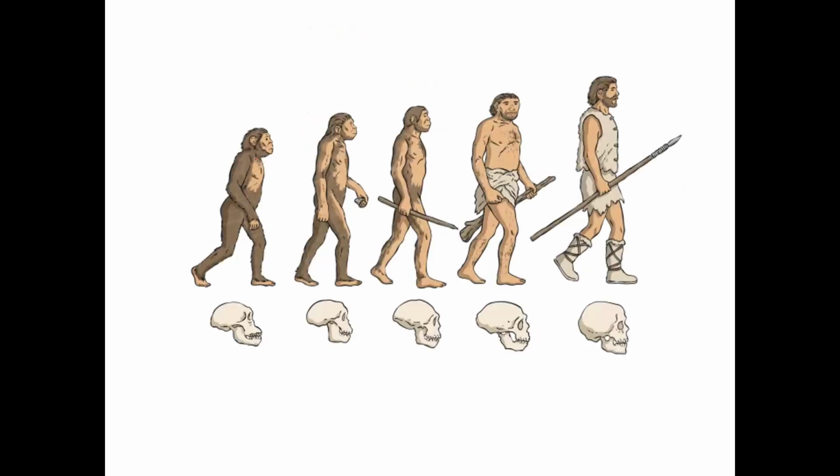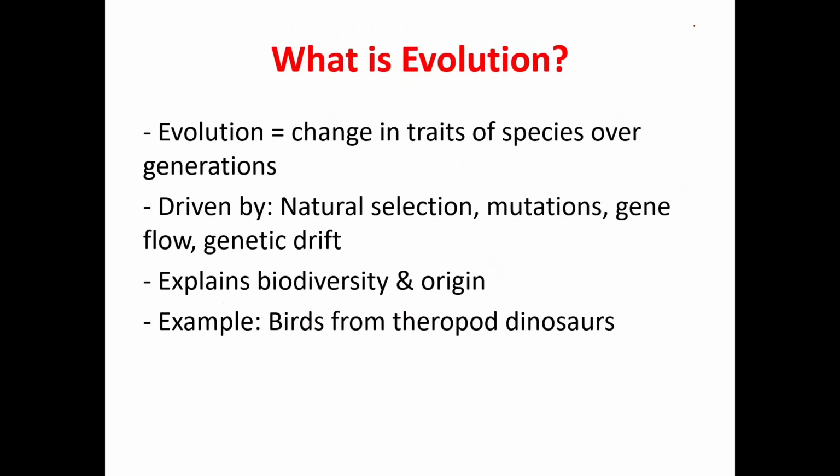Now you see in the picture, it's the evolution of Homo sapiens. How we evolved from our ancestors into proper humans. Right. So evolution is a change in traits of a species over generations. The cause of evolution is natural selection. Natural selection means the best traits are selected by nature.